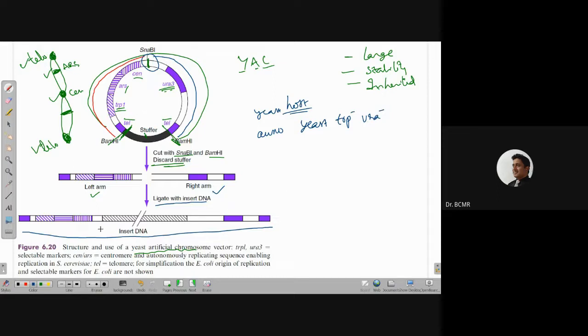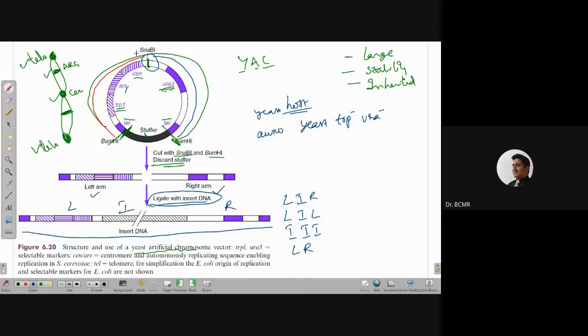So when I said we have ligation to do, what are all the possibilities? This is the left arm, this is the insert, and this is the right arm. LIR. There are also other possibilities. LIL or III. It can be multimers of it. You can also have LR, isn't it?